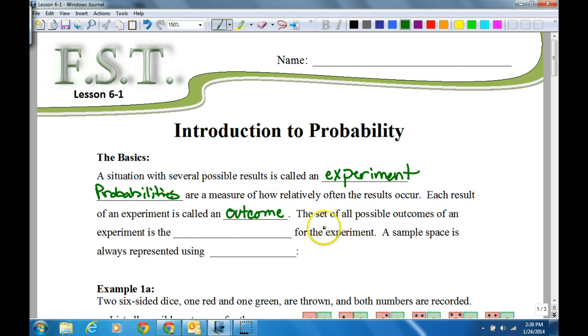The set of all possible outcomes of an experiment is called the sample space for the experiment. And a sample space is always represented using lists.